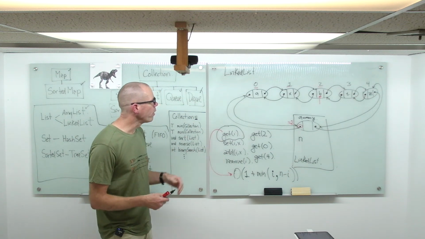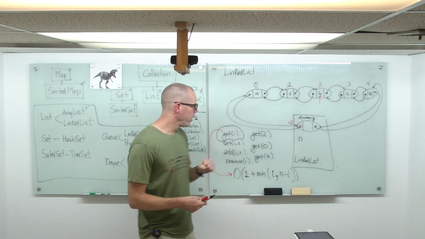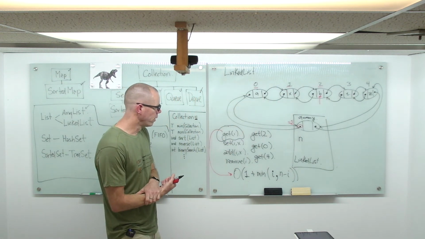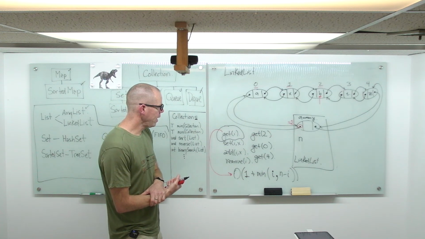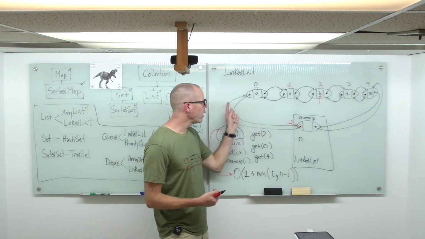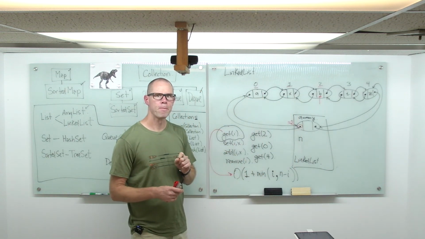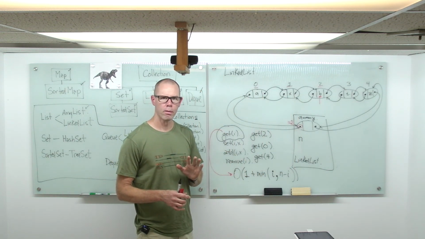All of them require you to get to the node that contains list item I in order to do what you want to do. And that means they're going to have this in their running time, a loop that goes from the beginning forward or goes from the end backward. So, any question there?